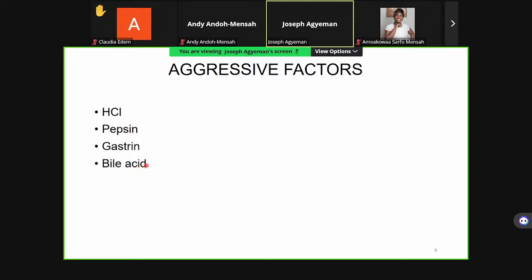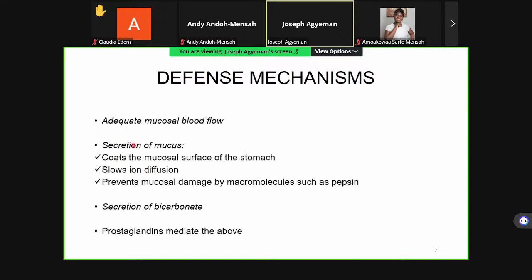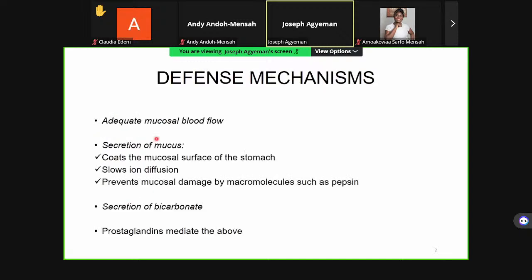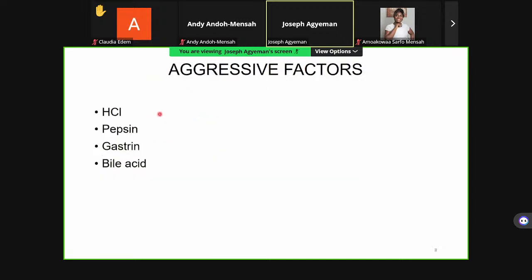So note the defense mechanisms and the aggressive mechanisms. These are natural within the body. We are not talking about outside the body. Within the body itself, we have defense mechanisms that protect us from getting ulcer. Then we also have aggressive factors that can give us ulcer. Through our own doings, we can also bring in worse things that can help the aggressive factors to work more.